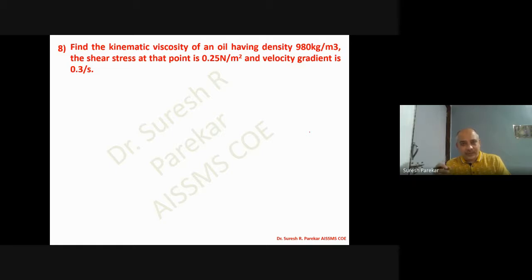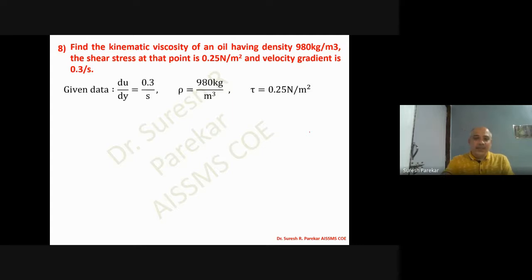The problem is very simple. Just use the formula tau is equal to mu du upon dy, and we get mu equal to 0.833. The unit for this is Newton second per meter square.